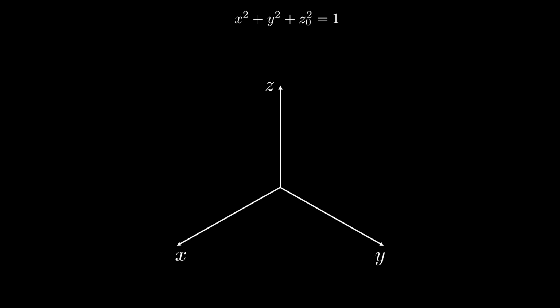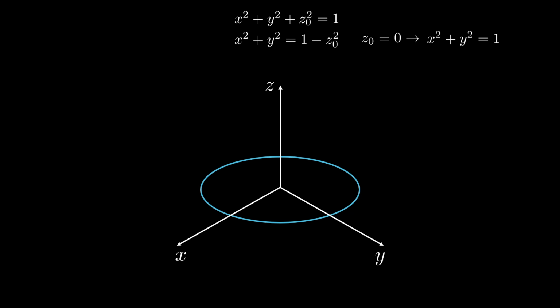I can treat z as a constant, z0, and then I can isolate x and y. And we previously have solved this equation, right? x squared plus y squared equal a constant. So, for example, if z equals 0, we get a circle.